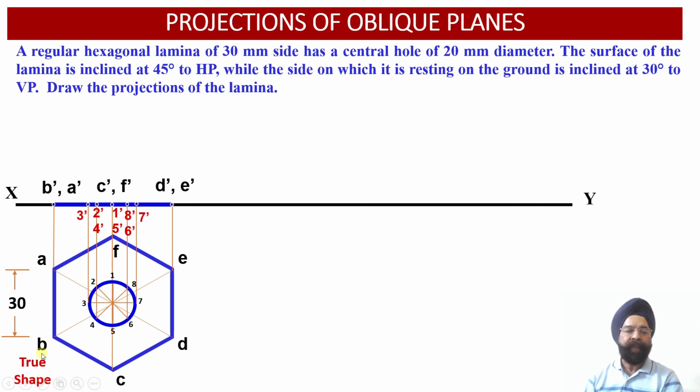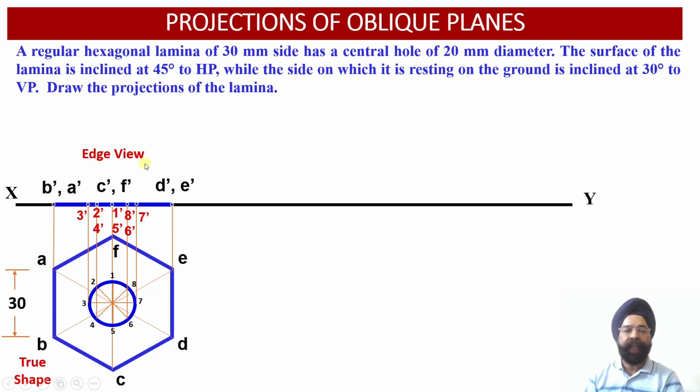This way, the true shape projections of this hexagonal lamina carrying a central hole have been obtained onto the horizontal plane below the XY reference line, whereas the edge view projections of this lamina have also been obtained onto the XY reference line.